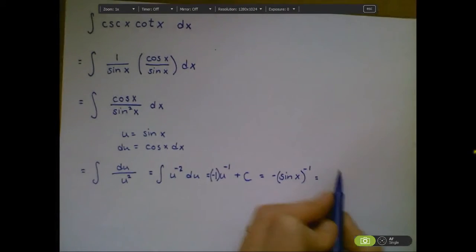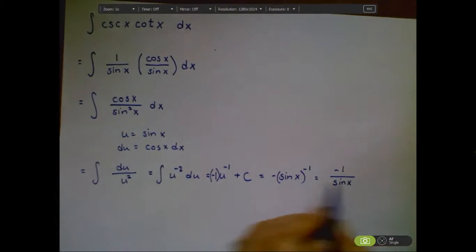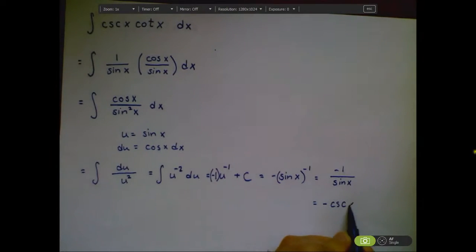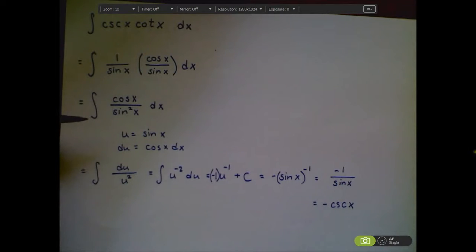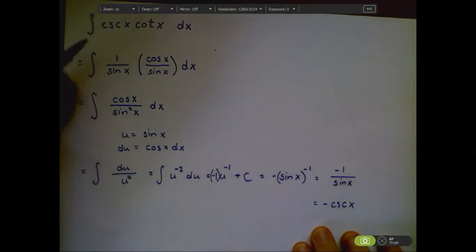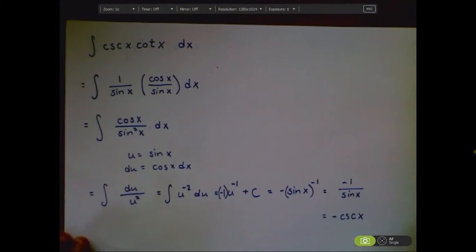Or I could rewrite that as negative 1 divided by sine of x. That's what it means to be raised to the negative 1 power. It's the multiplicative reciprocal. Or, as the book writes it, this is negative cosecant of x. So we did have to do a little bit of work, but we simplified some things and then did a u substitution for this particular technique.